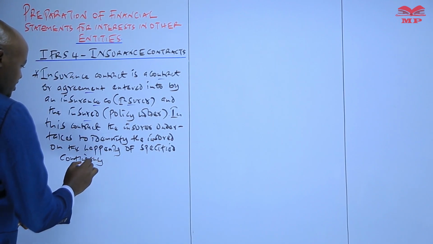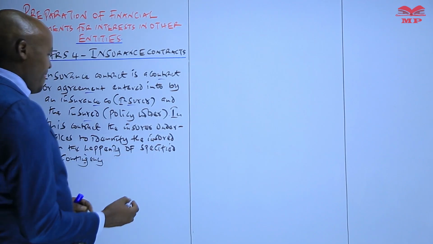Basically, a contingency is an event which may or may not occur, like an accident.